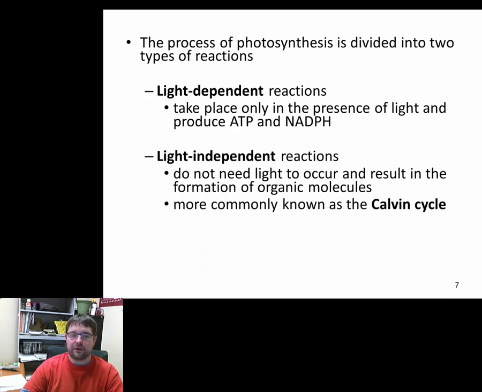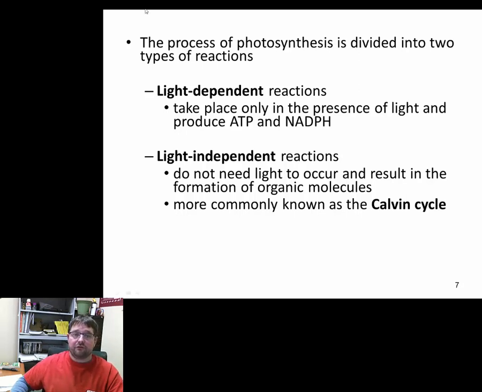The light-independent reaction can occur during the daytime or at night, when it's dark or when it's light, but it doesn't need photons to occur. So it doesn't matter when it occurs, it's just not capturing photons for this process.